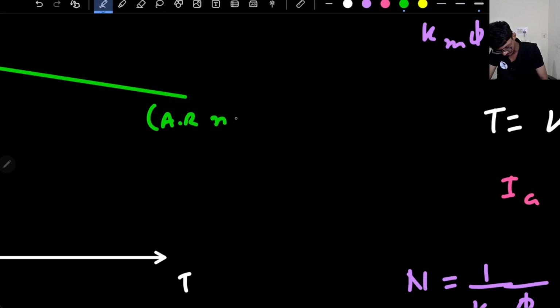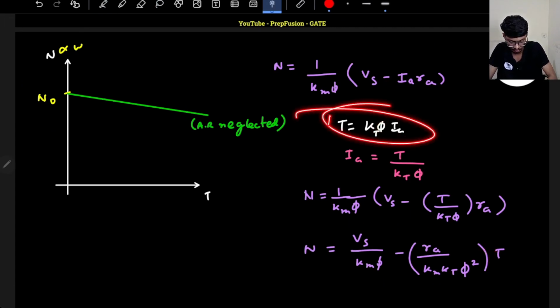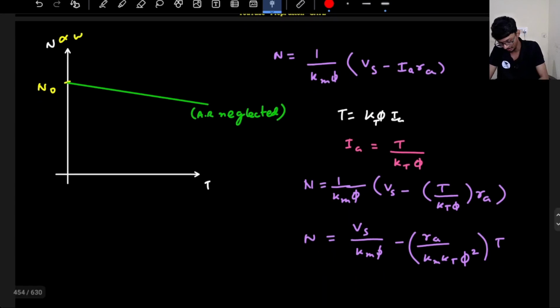Now I will assume armature reaction to be present, because if torque is increasing, of course the load current will increase. If load current increases, the flux will reduce due to armature reaction.